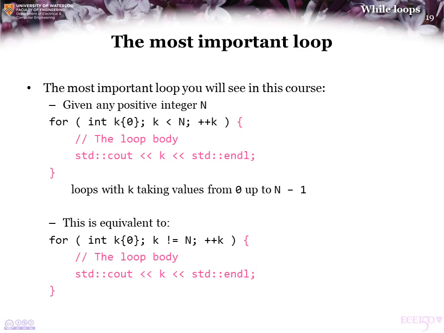Rather than having k less than n, you can also have k not equal to n. These two conditions, for the purposes of this for loop, are the same. Both of these conditions continue to be true as long as k is less than n.